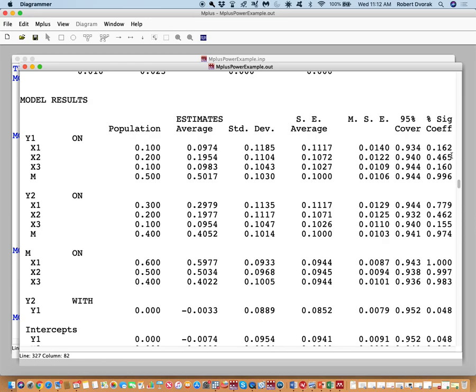It says 16.2% of the time this model showed a statistically significant relationship between x1 and y1, right? That means out of 1,000 times, 162 times, there was a significant relationship there. The vast majority of the time, there was no statistically significant relationship. But every once in a while it happens, right?